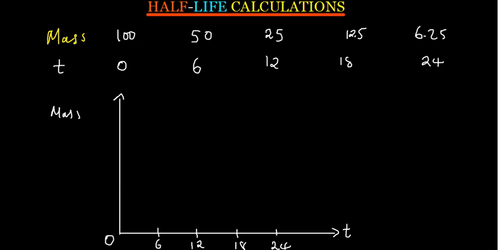Now for the mass, the highest we have is 100. I want to make a scale that is convenient for my working, so I can move in tens. Let's say this is 10, 20, 30, 40, 50, 60. It will not fit going on top, so let me try to remove.